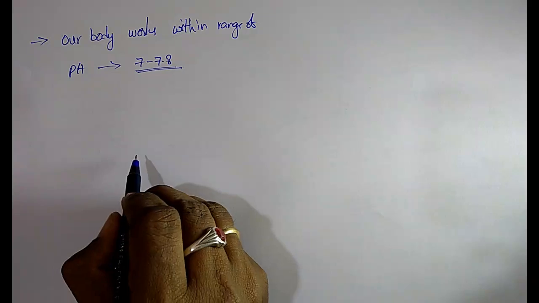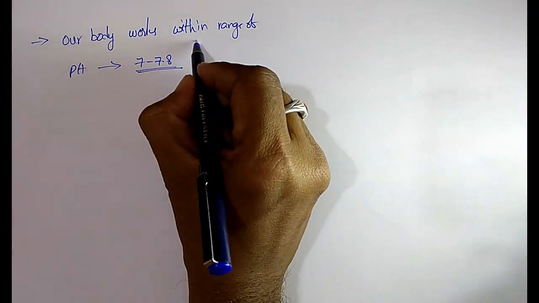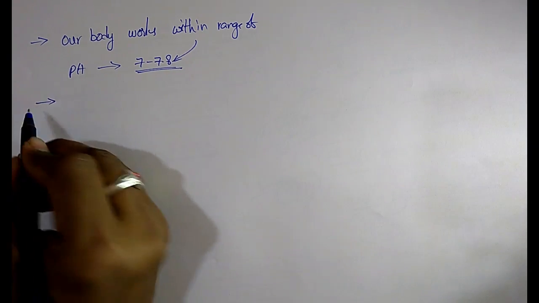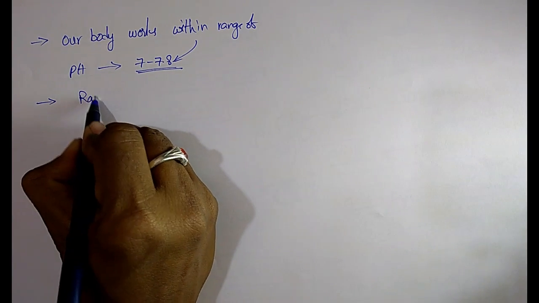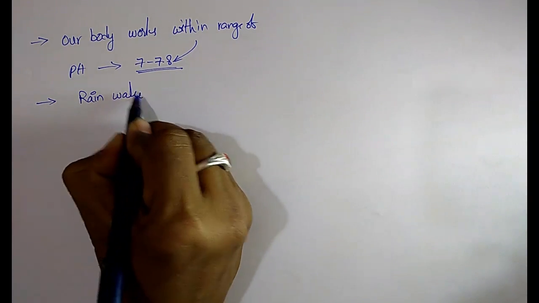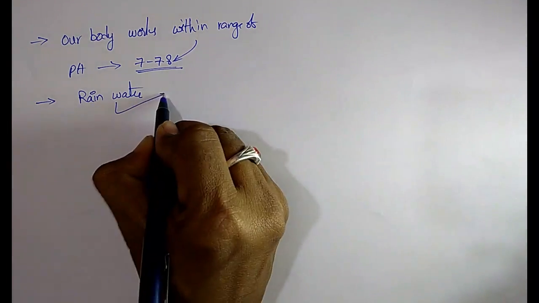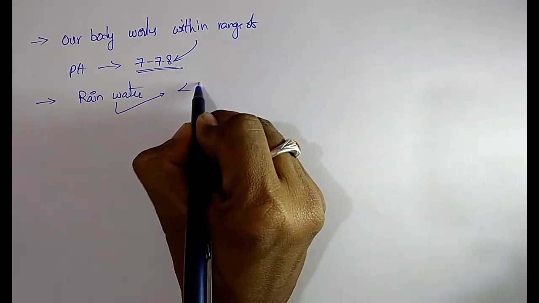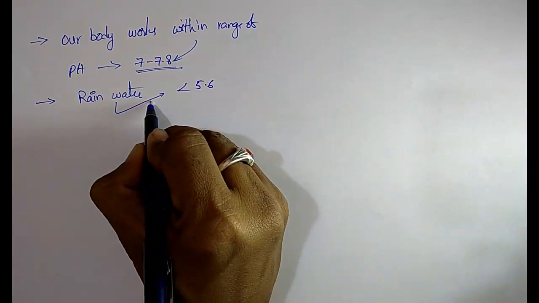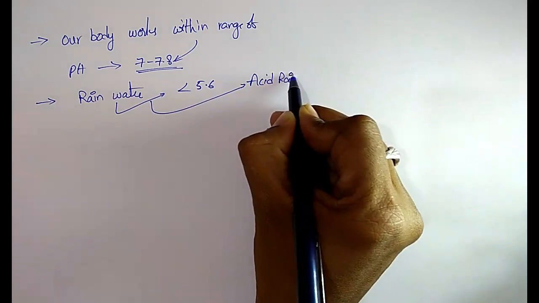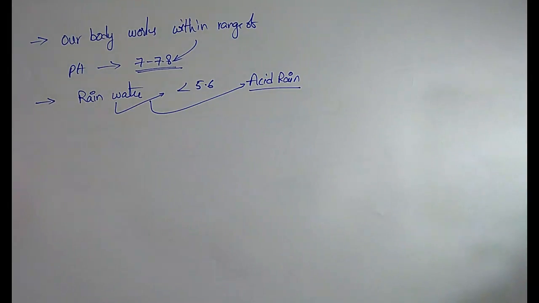And rainwater has a pH value of nearly 7. If the rainwater pH value is less than 5.6, we can consider this as acid rain.